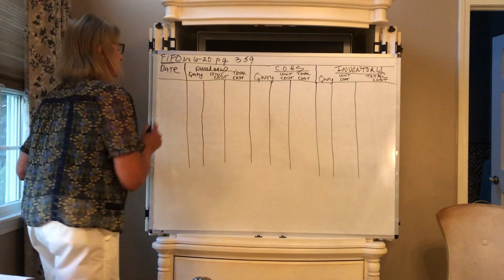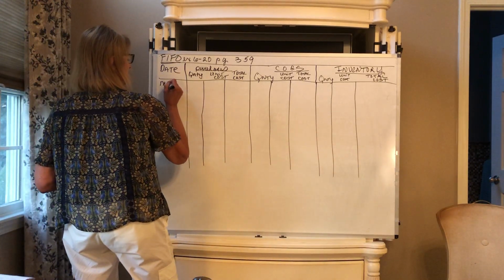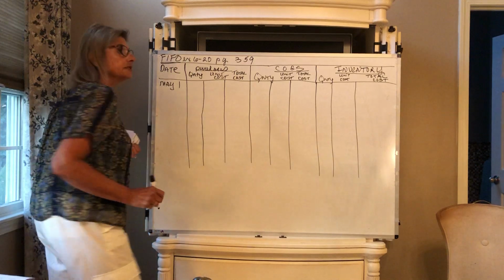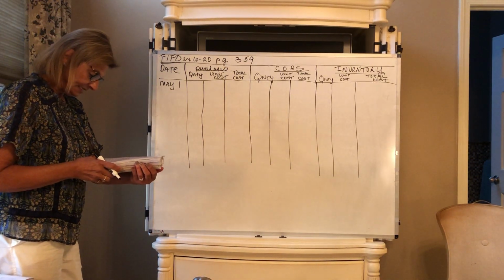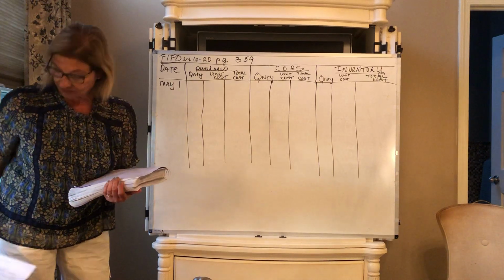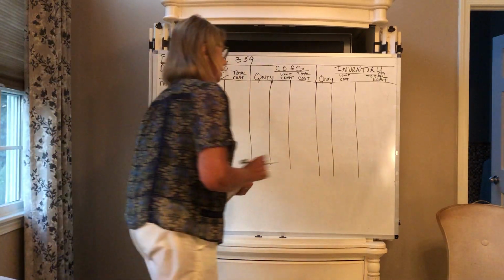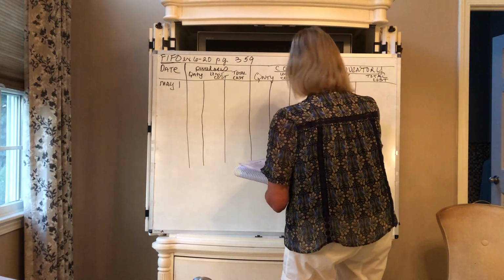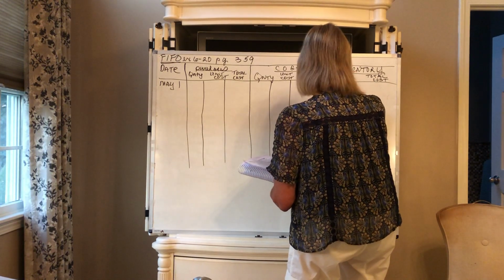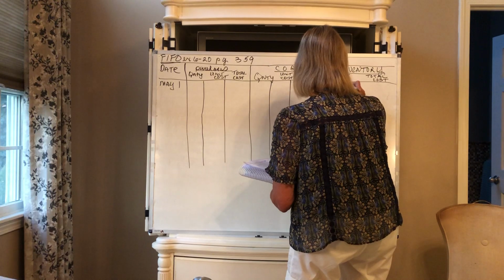So we're going to have our beginning, always start with the beginning inventory on May 1st. Okay? And the beginning inventory was 16 tires at $65 each. So we're going to go 16 units, and it's $65 each.